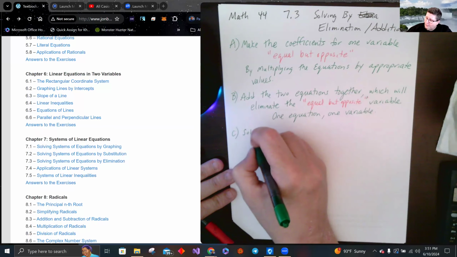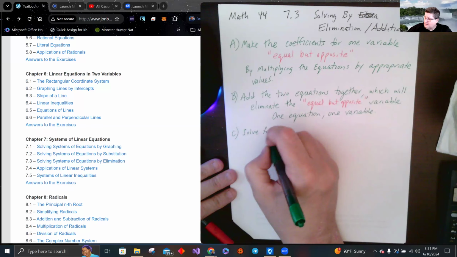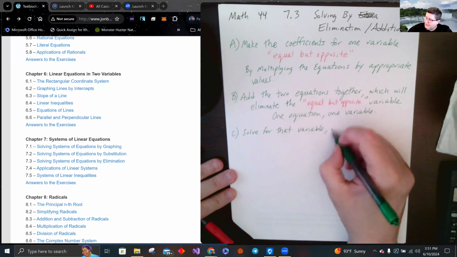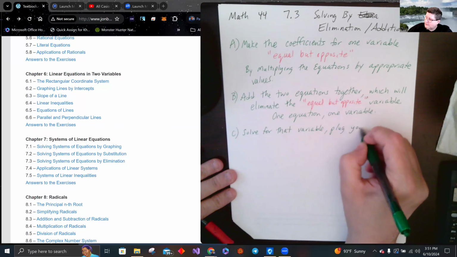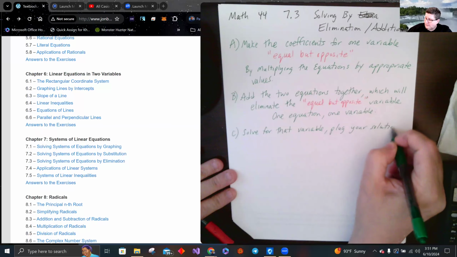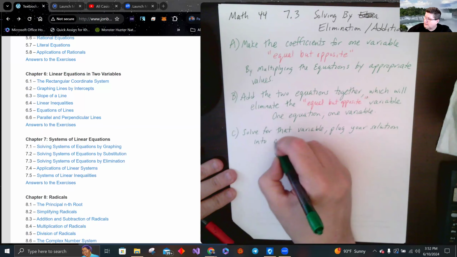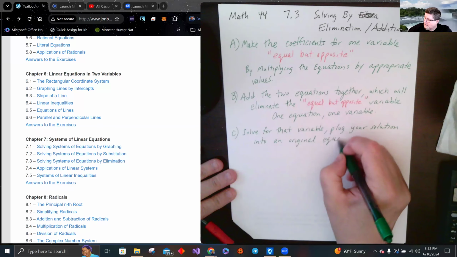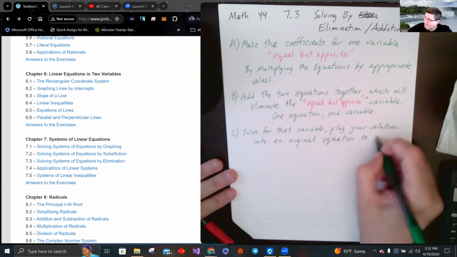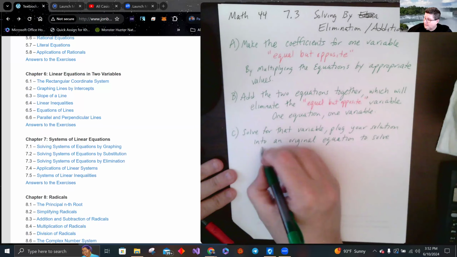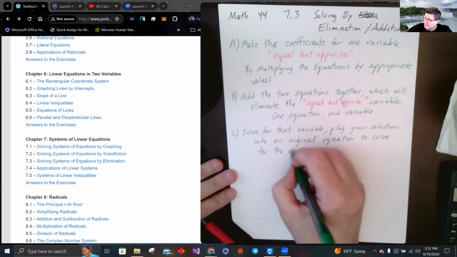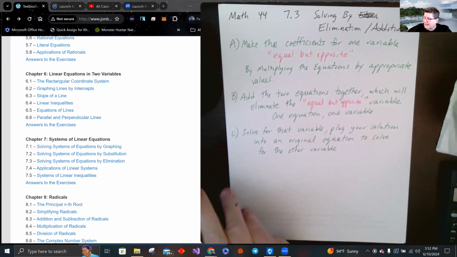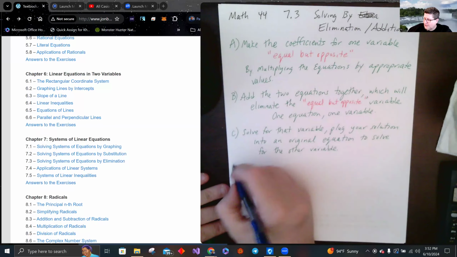Solve for the remaining variable, and plug your solution into an original equation to solve for the other variable. And finally, check your solutions.